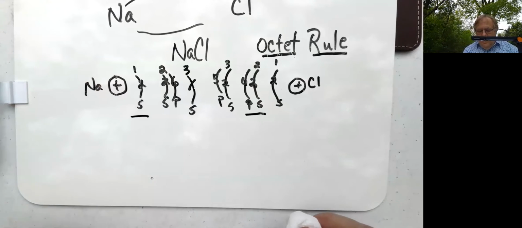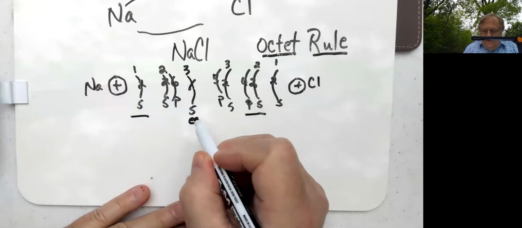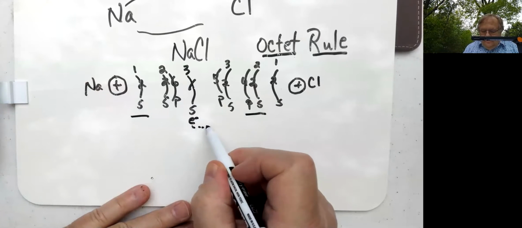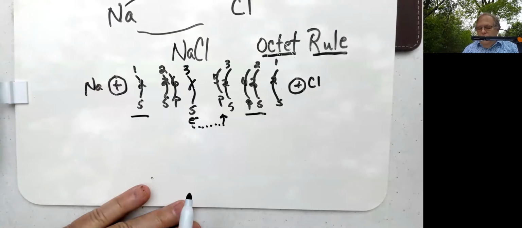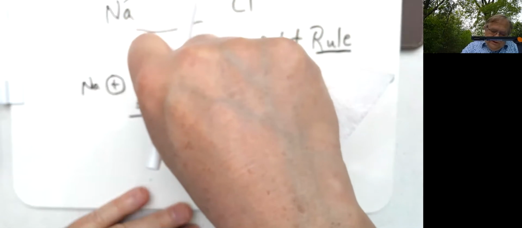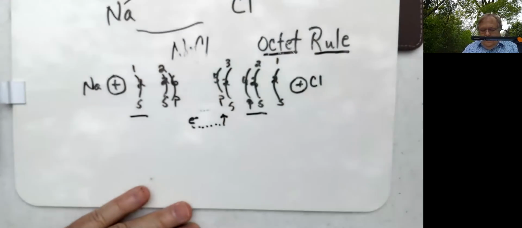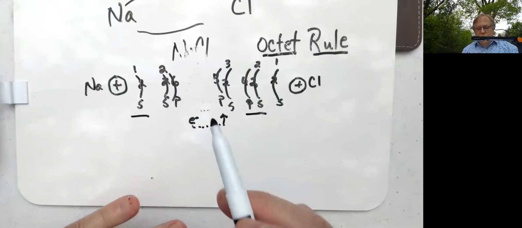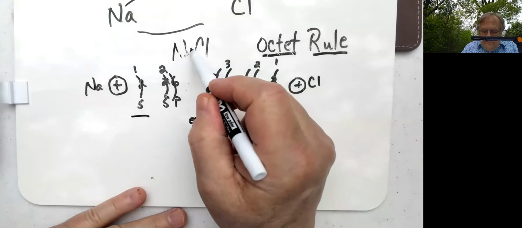Okay, so what happens is this little electron that's located there gets up and transfers over to this atom here. And if we erase the shell, which is no longer there, look what happened. Sodium ended up with a full outer shell. Okay, it has 8 electrons in its outer shell.